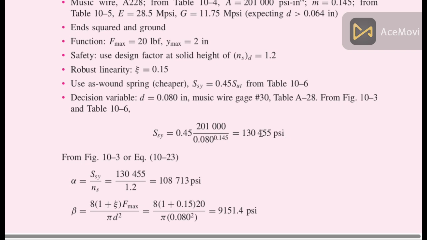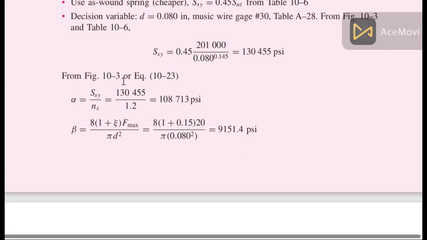So we will get the value 130,455 psi. From figure 10-3, alpha is equal to SSY divided by NS. So 130,455 divided by 1.2, we will get the value of alpha, 108,713.